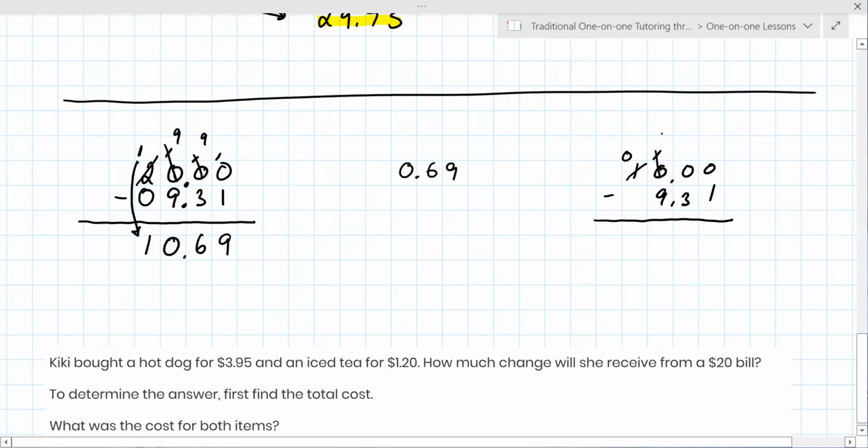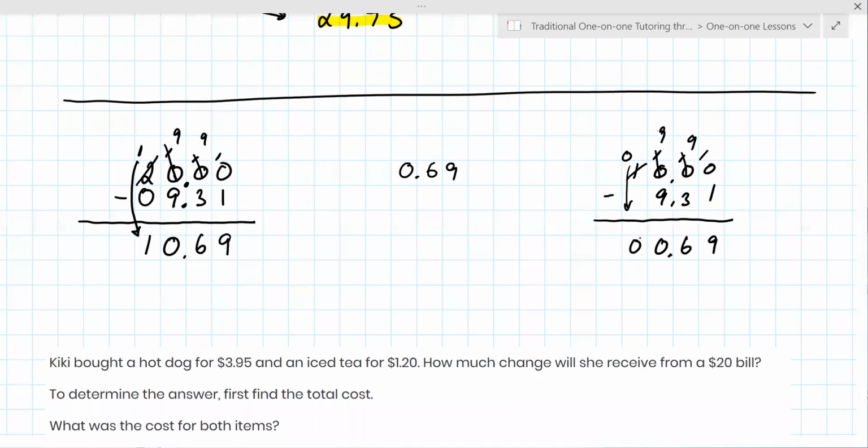That 9 becomes a 10, and then we borrow from the 10, and that becomes a 9 and a 1. So now it's 10 minus 1, which is 9, 9 minus 3, which is 6, and 9 minus 9, which is 0. You could bring the 0 down if you wanted, but it is 69 cents.